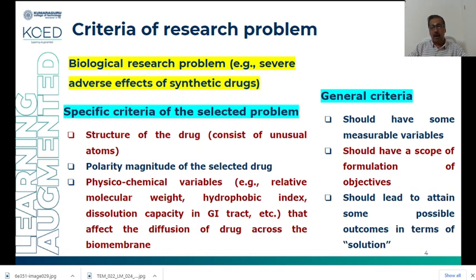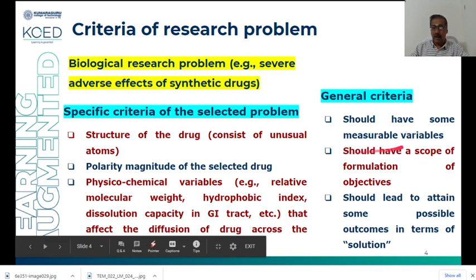So the problem should provide a way for a researcher to frame some measurable objectives also. Third one, for the selected objectives, there should be an outcome, or for the selected objective, a researcher should find some appropriate solution. This is very important.